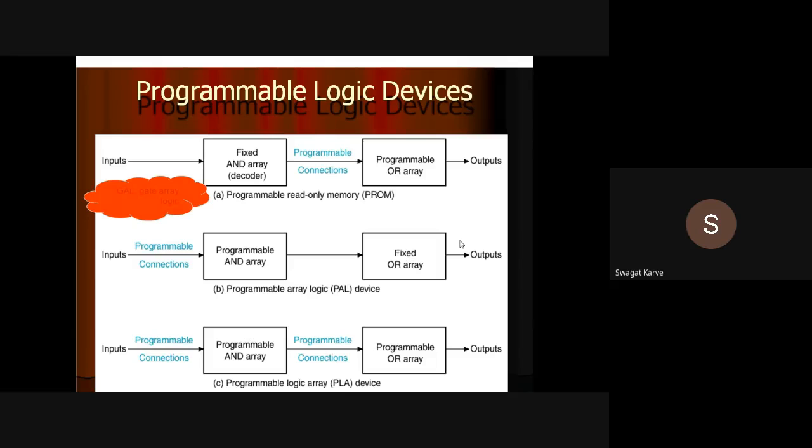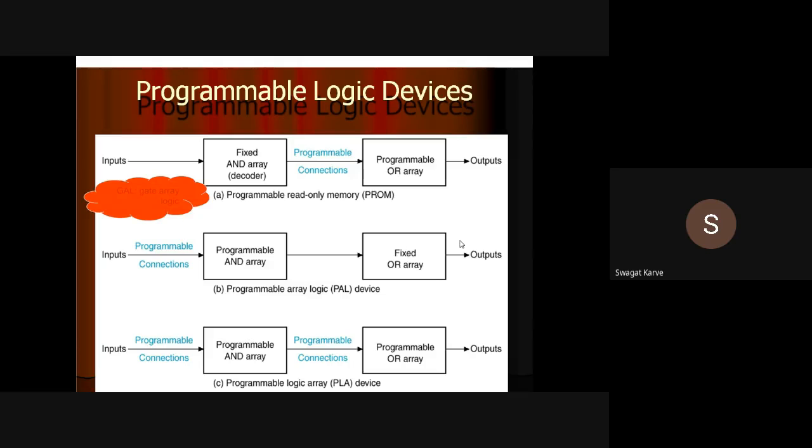Now what is the difference between each type? If you consider the PROM, that is programmable read-only memory, in that case the AND array is fixed but the OR array is programmable. PROM मध्ये काय असतं?